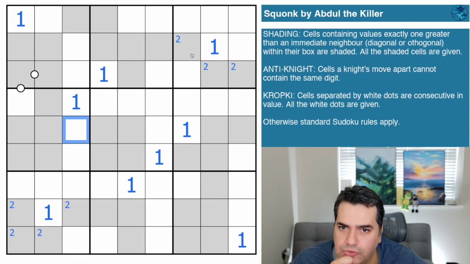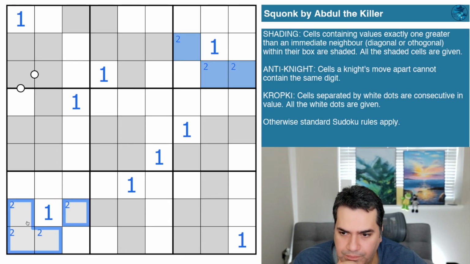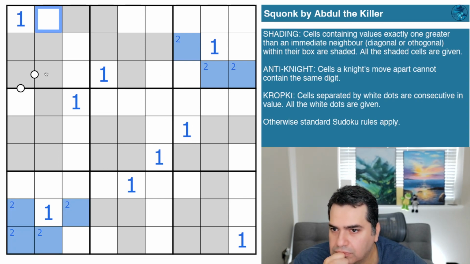So I wonder if it's time to try the same trick, but with coloring where the 2s could go and paying once again attention to anti-knight moves. So 2.